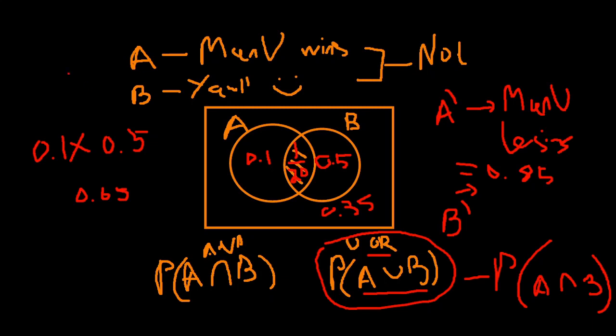But sometimes they can tell you, let's say they told you the probability of A was equal, because the 0.1 is not the probability of A. The 0.1 is the probability of A only happening. The probability of A happening is A happening by itself, and also when A happens with B. So that's 0.1 plus 1 over 20. So the probability of A happening is 0.15.